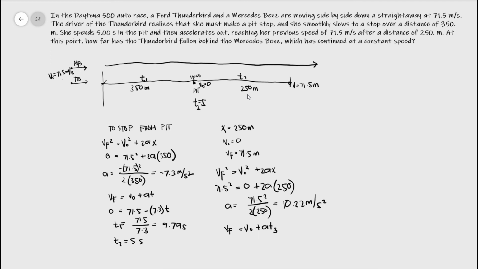We have here 71.5 is equal to 0 plus 10.22 times t sub 3. Solving for t sub 3, this is 71.5 divided by 10.22. The total time is approximately equal to 7 seconds.